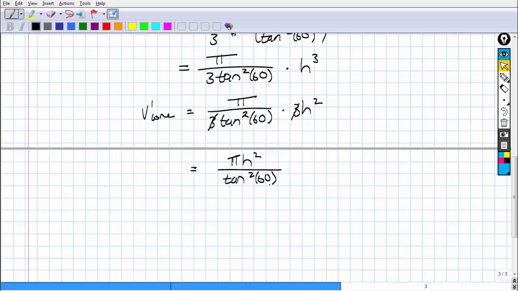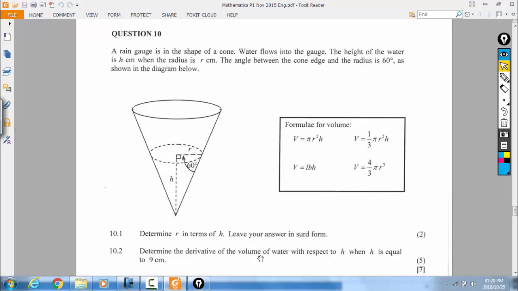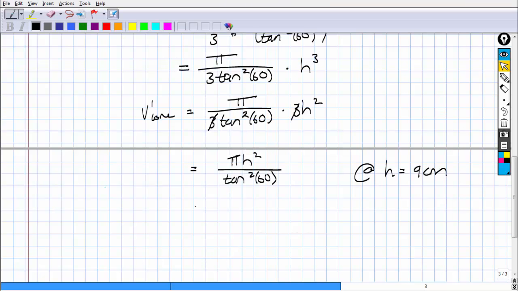And one thing you must remember is tan squared of 60 is just a number. They're specifically saying at a height of 9 centimeters. If you remember the question, it says determine the derivative of the volume with respect to h when h is equal to 9 centimeters. So we literally find the derivative of the volume when h is 9 squared divided by tan squared of 60.